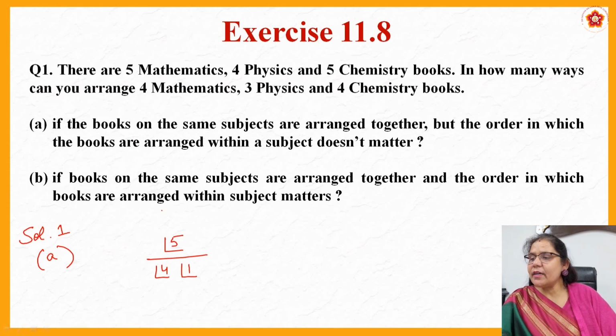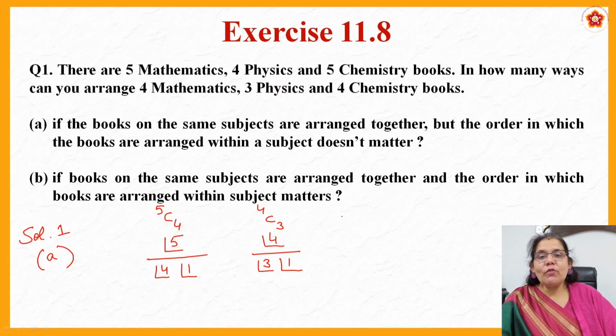That means we have actually done 5C4. Out of 5 mathematics books, 4 have been chosen. Then out of 4 physics books, 3 books are chosen. So in how many ways can they be chosen? Factorial 4 divided by factorial 3, since 4 minus 3 is 1.